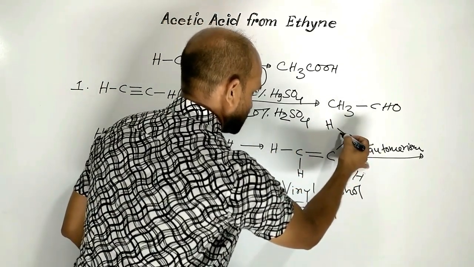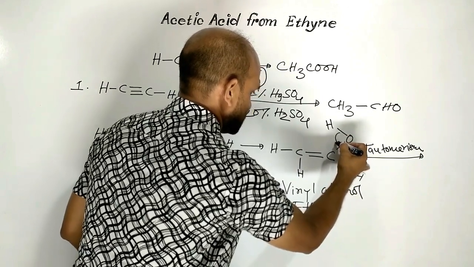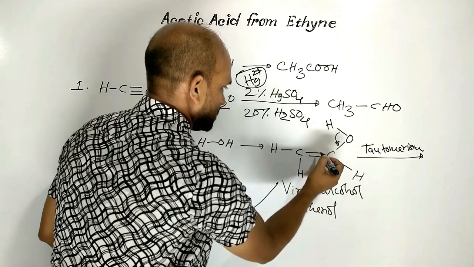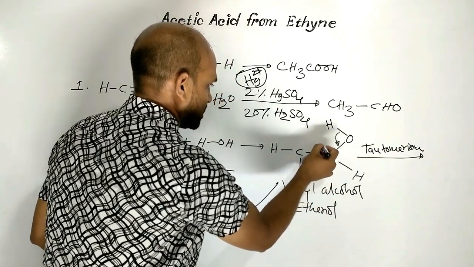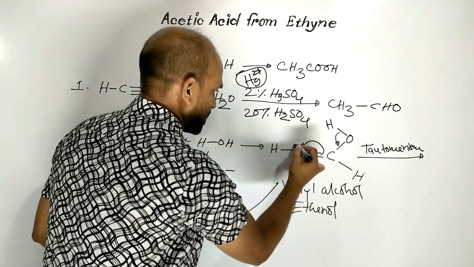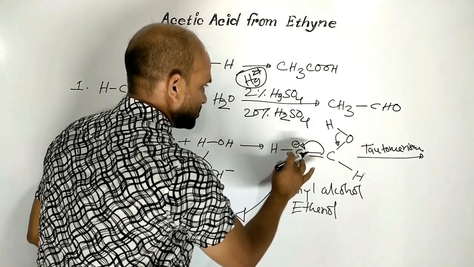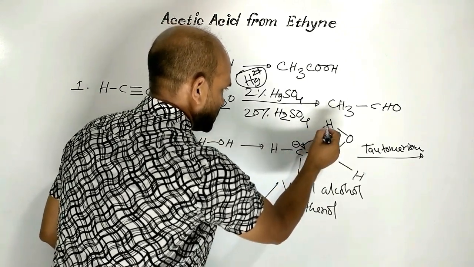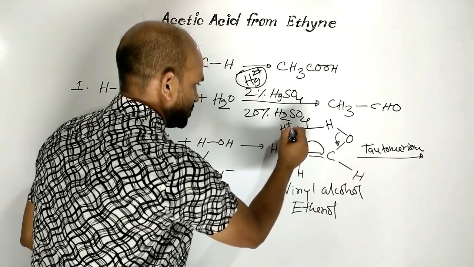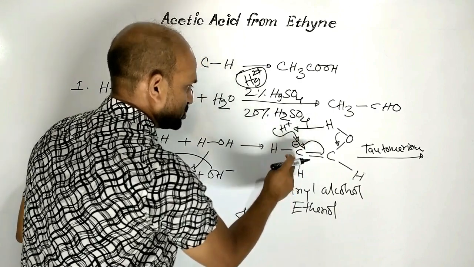Oxygen-hydrogen bond shifts here to form carbon-oxygen double bond. Then pi bonded electrons move towards this carbon. This carbon becomes negatively charged. At the same time, this hydrogen gets freed as proton. This proton combines with this carbon.